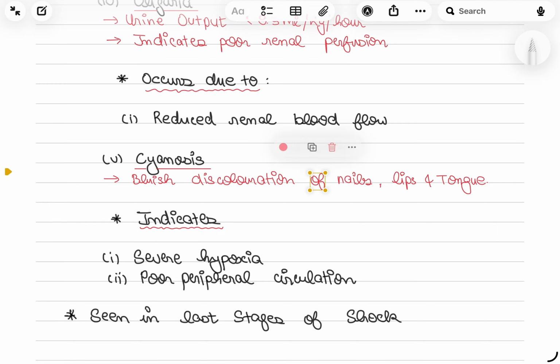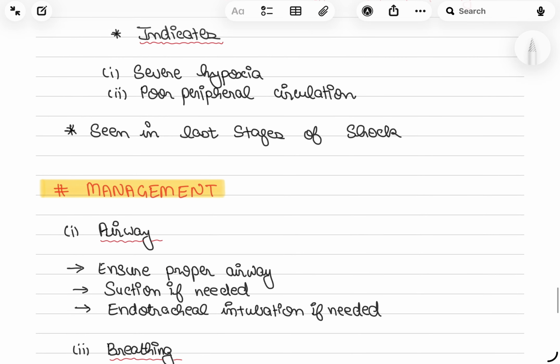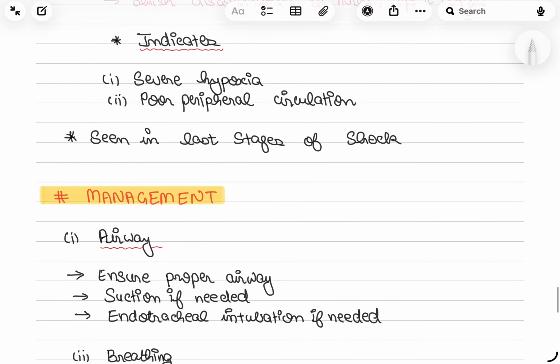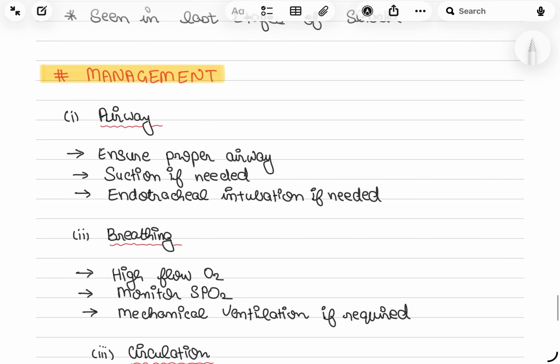Cyanosis is the bluish discoloration of nails, lips, and tongue. It indicates severe hypoxia or poor peripheral circulation, and this is the last stage of shock. Cyanosis is the last stage of shock.